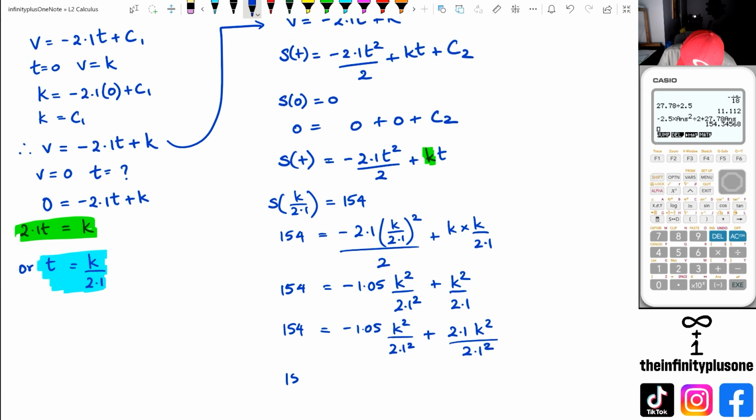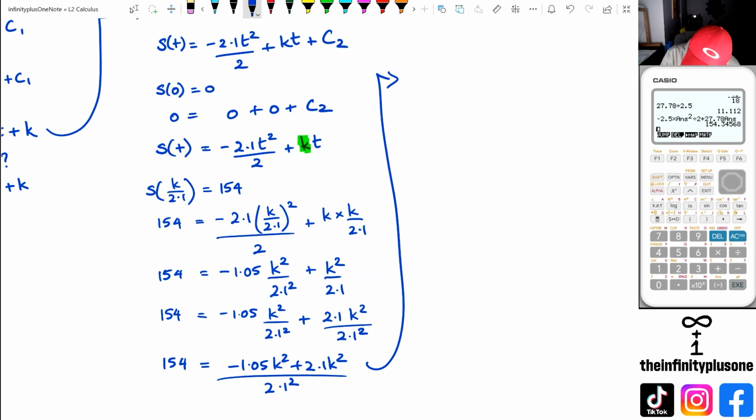So then I've got 154 equals negative 1.05 k squared plus 2.1 k squared divided by 2.1 squared. I'm running out of space here. So I've got 154 multiplied by 2.1 squared equals 1.05 k squared.